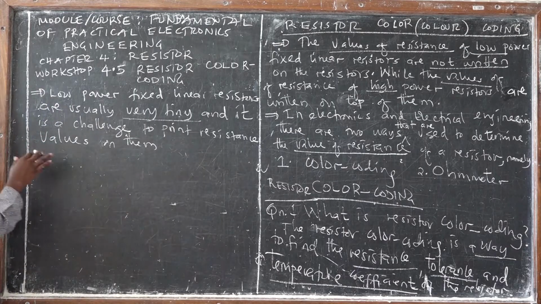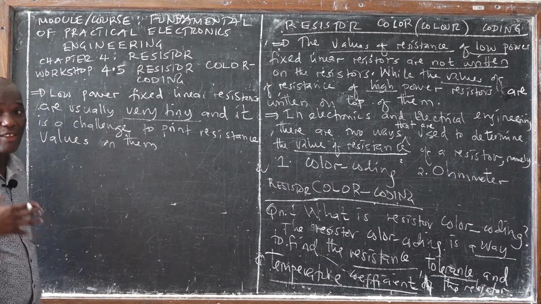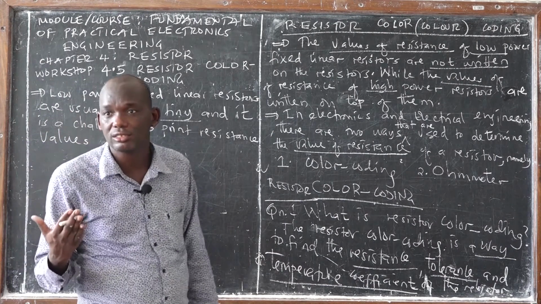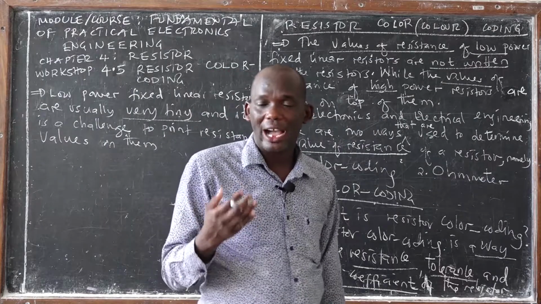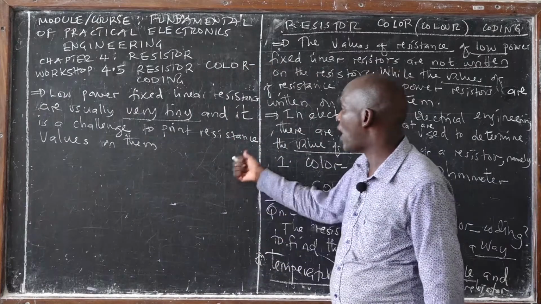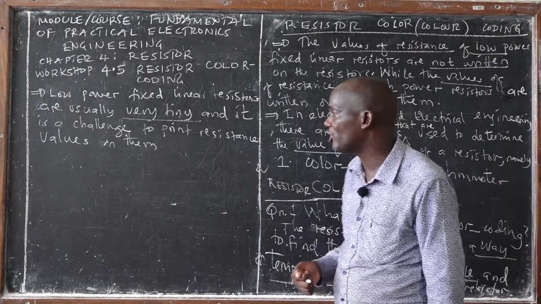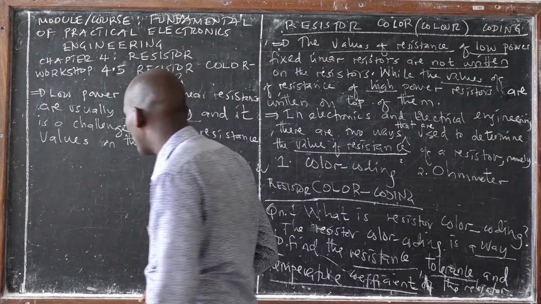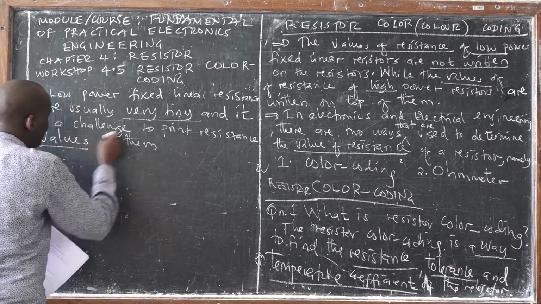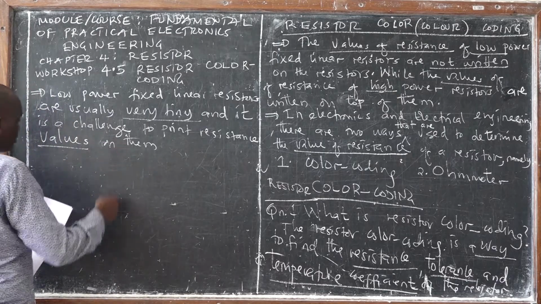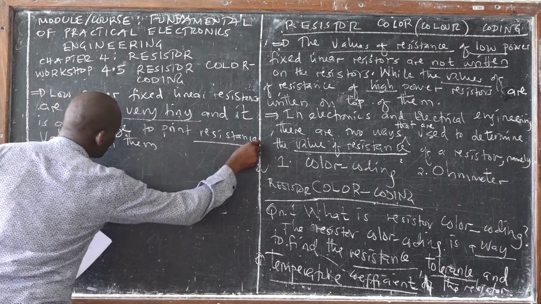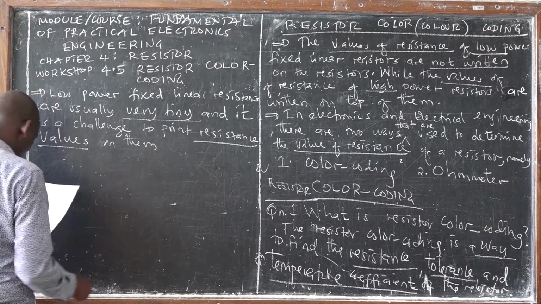These low power fixed linear resistors are very small in size, so actually printing the value of resistance on top of them is a challenge.